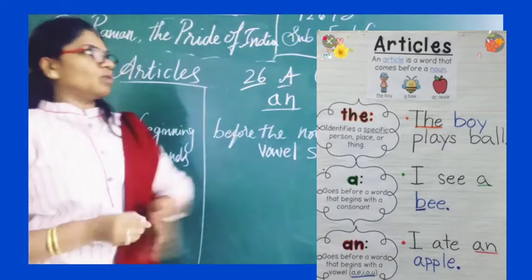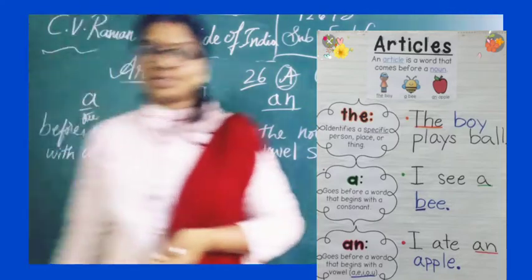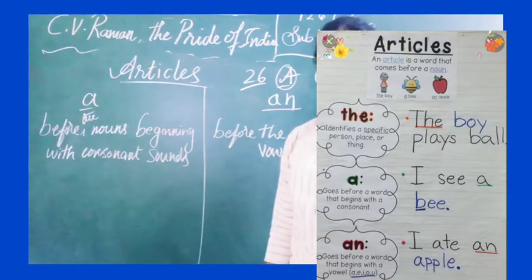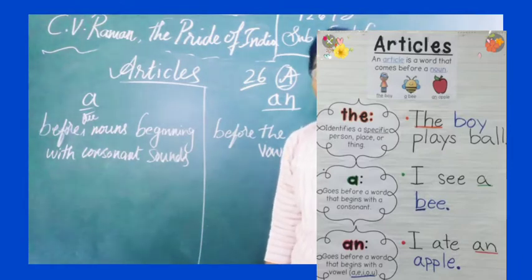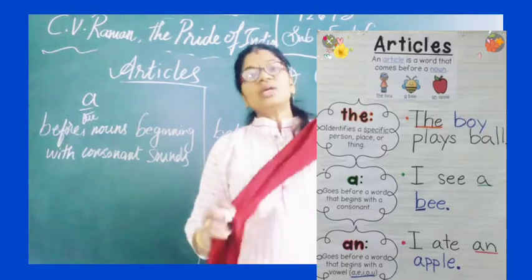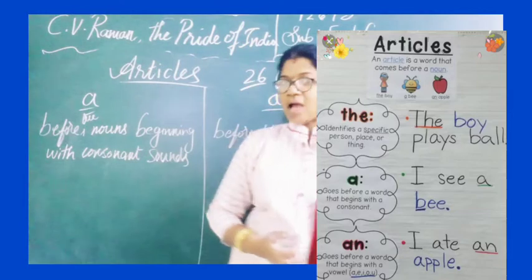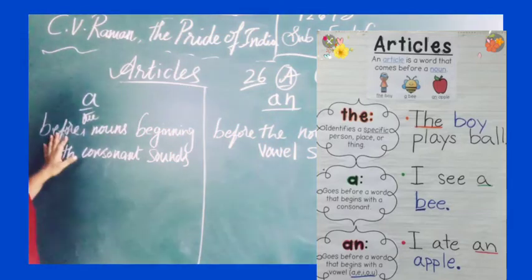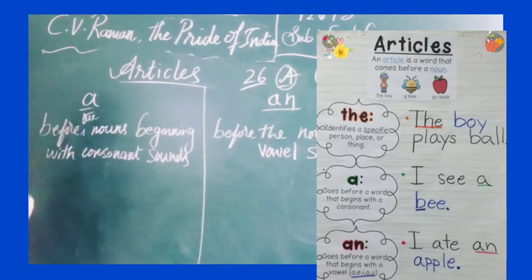And the remaining B, C, D, F, G, H, J, K, L, M, N, P, Q, R, S, T, V, W, X, Y, Z, all these letters have consonant sounds. And these A, E, I, O, U have vowel sounds.